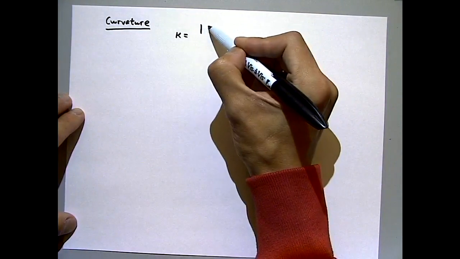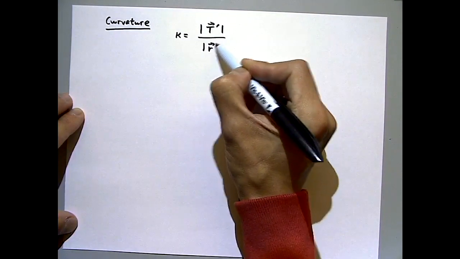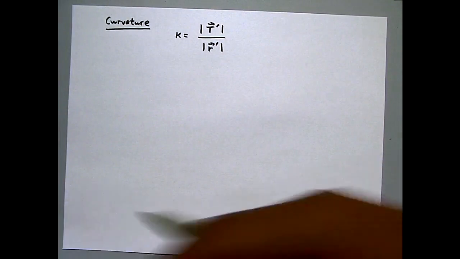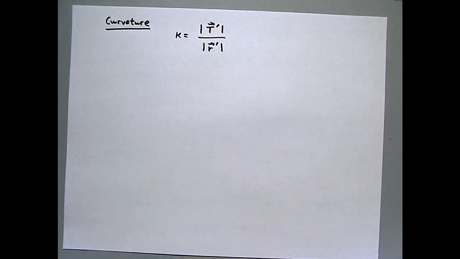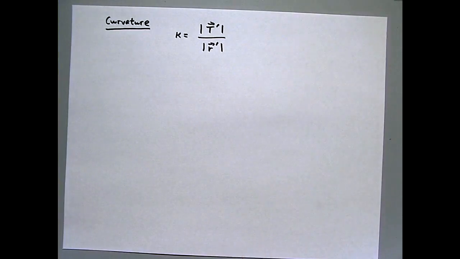The one that we use in class most of the time is the most convenient one to use. You remember that? Magnitude of T prime over magnitude of r prime. Right? T prime is how much turn you need to make. R prime is how fast you're going. If you're going straight, then there's no T prime. So 0 over something, that's 0 for a straight line.